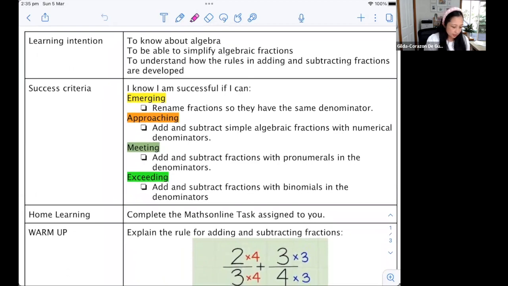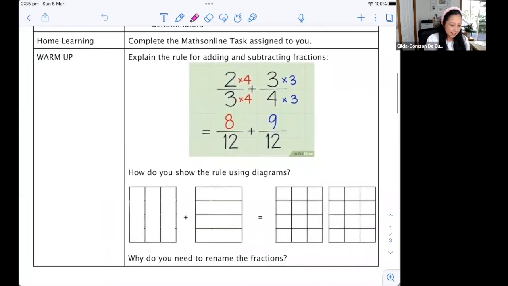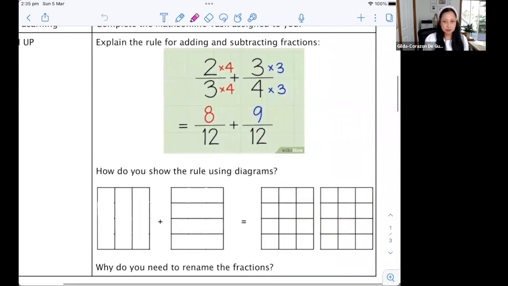Right, so let's have a look at our warm up for today. We've got here: explain the rule for adding and subtracting fractions. And notice here, there are no letters, no variables, no pronumerals, and therefore they're just simple fractions that are numbers. If we go back to our year 7 or 8, or maybe year 9, we've revised them.